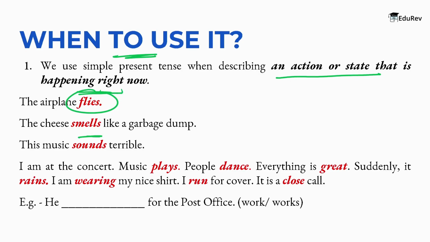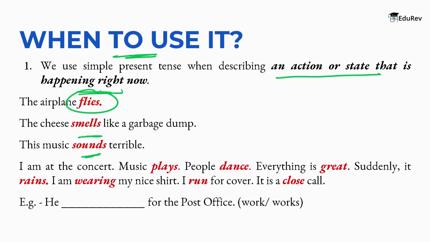When using verbs this way, it is common to use what? Stative verbs in the simple present tense. Now, what are stative verbs? These are the verbs that refer to states rather than actions. For example, this music sounds terrible, right? Generally, non-stative verbs are used in your simple present tense when a person is telling a story or writing a narrative.